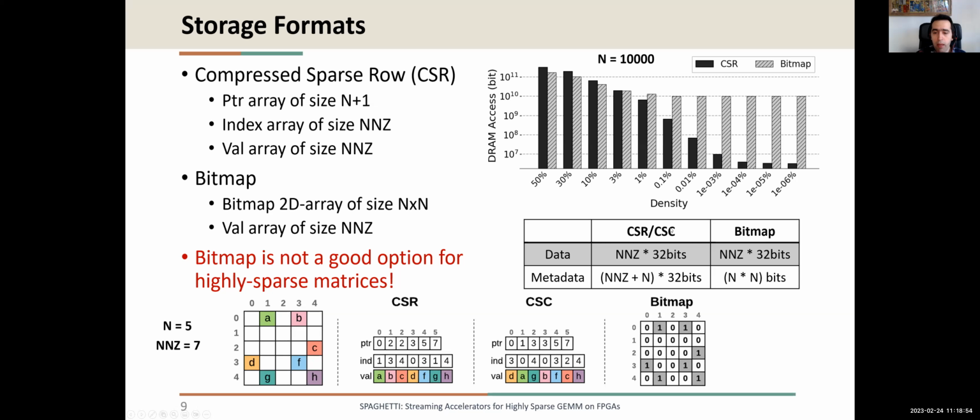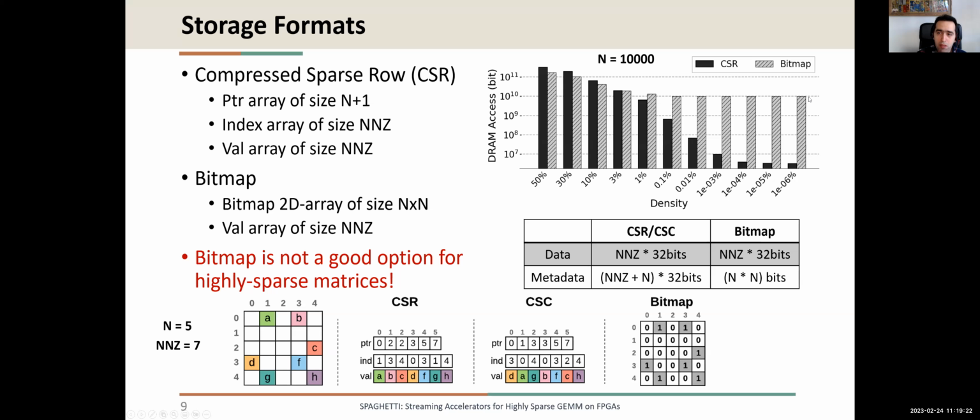compared to bitmap. Why? Because bitmap would still need to store n by n bits, while only a few elements are non-zero. You have to still store n by n bits in the memory. But in CSR, CSC, you only store the non-zero elements and the corresponding metadata, like the column index or row index of the corresponding non-zero elements.